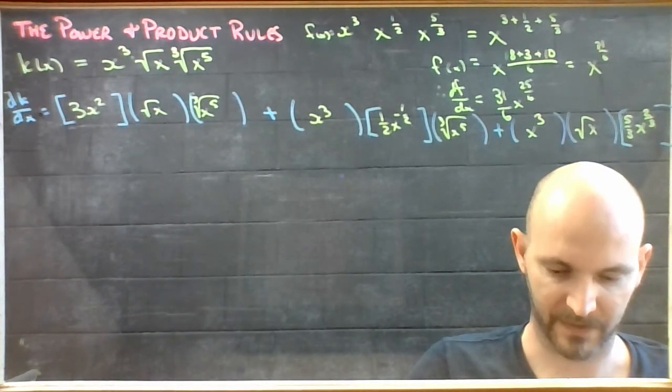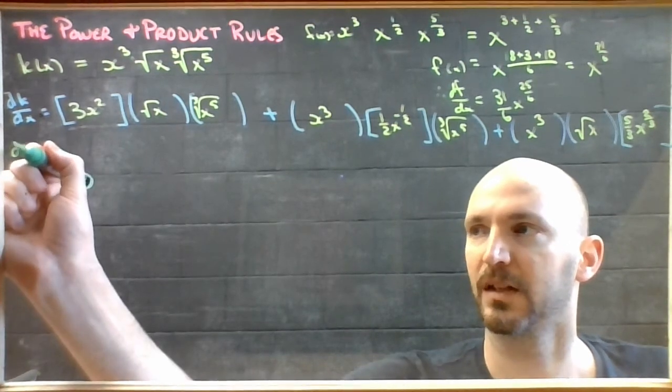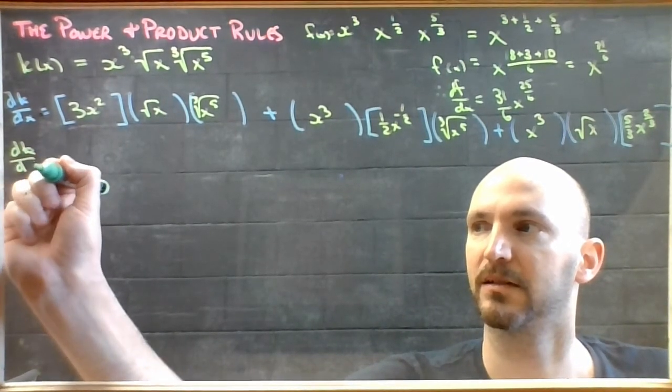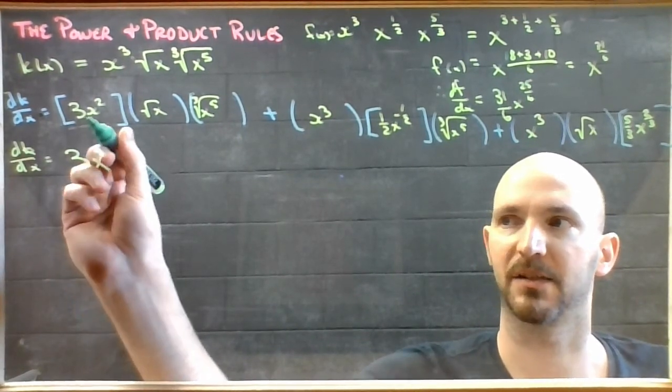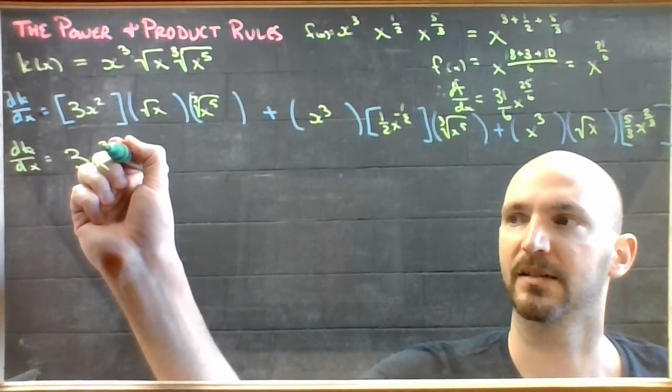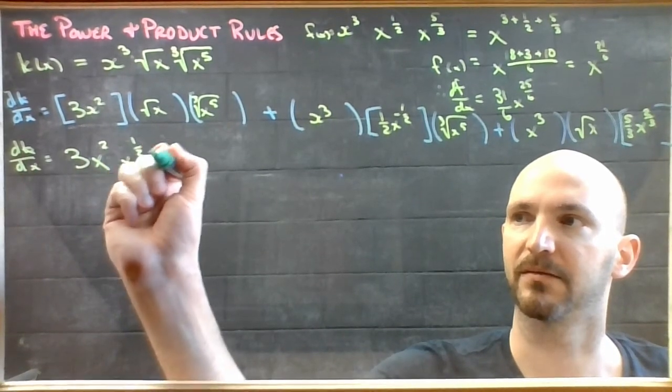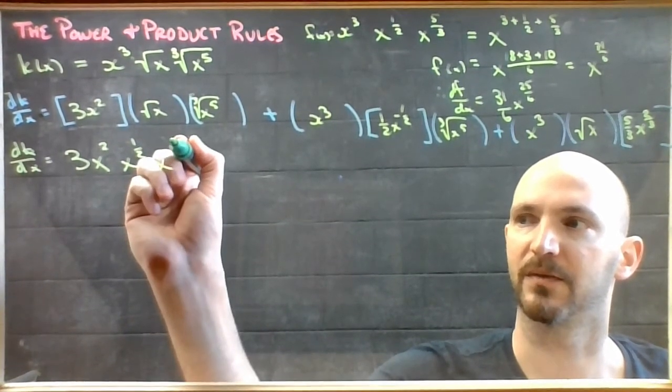So my derivative then, dk dx, would be 3. 3 is the only number. x squared, x to the 1/2, x to the 5/3.